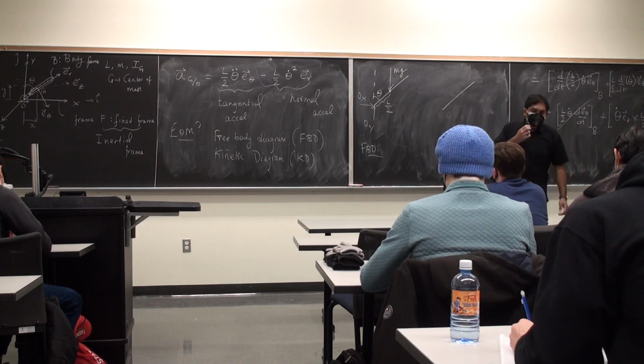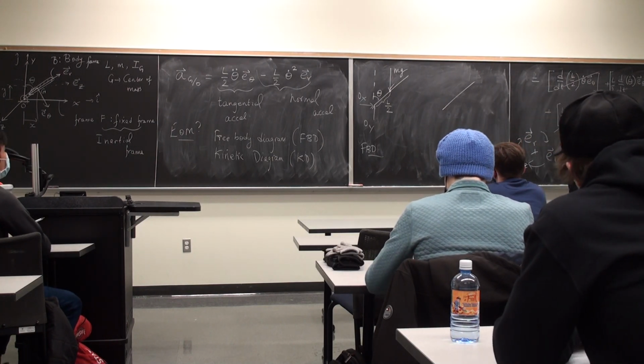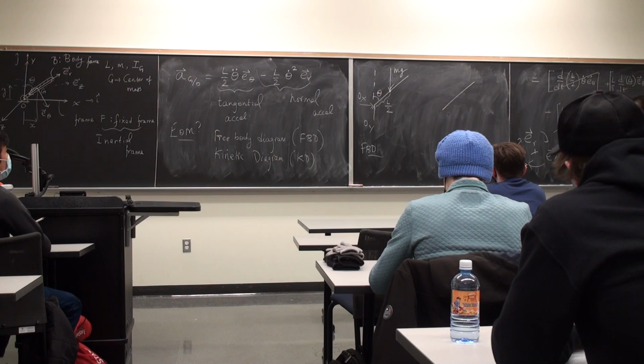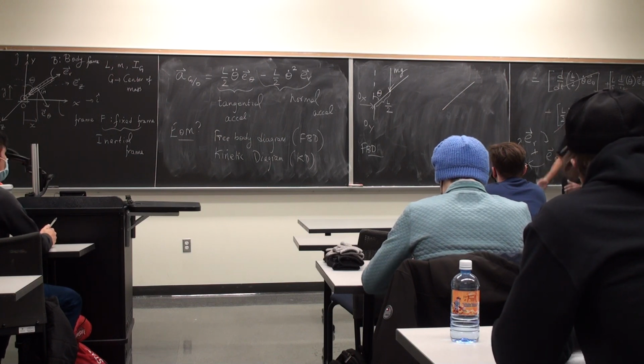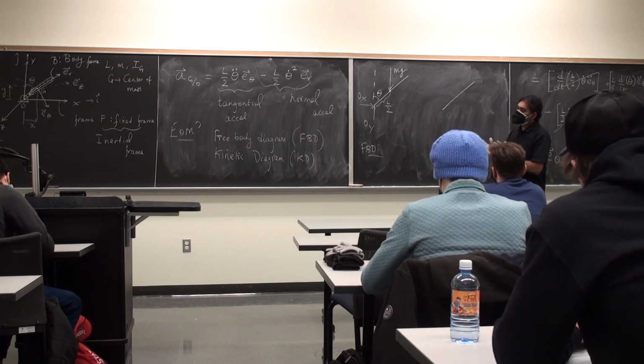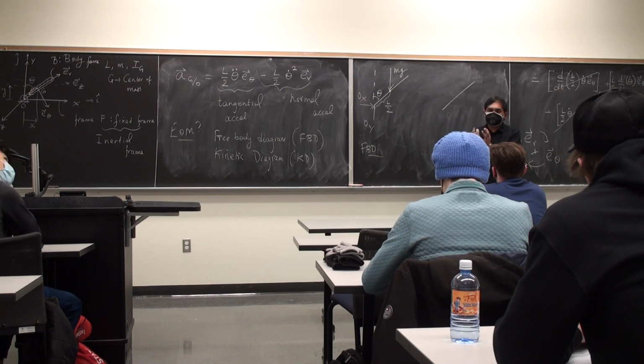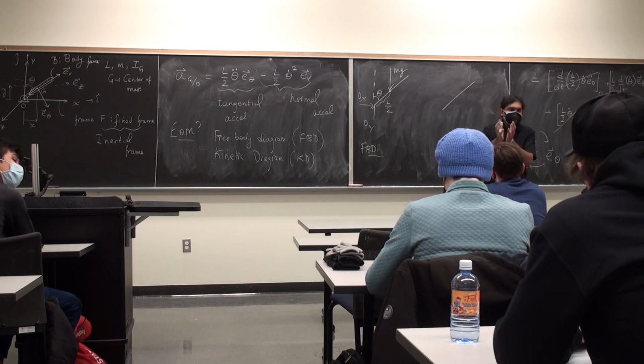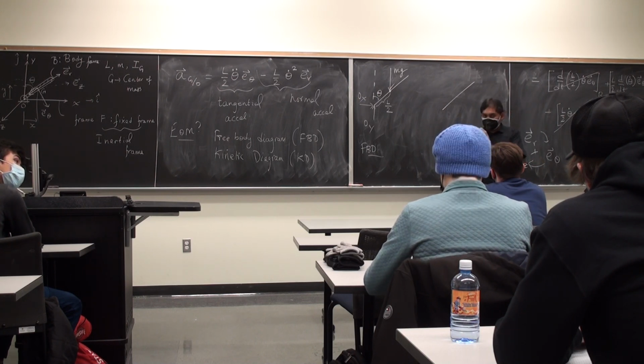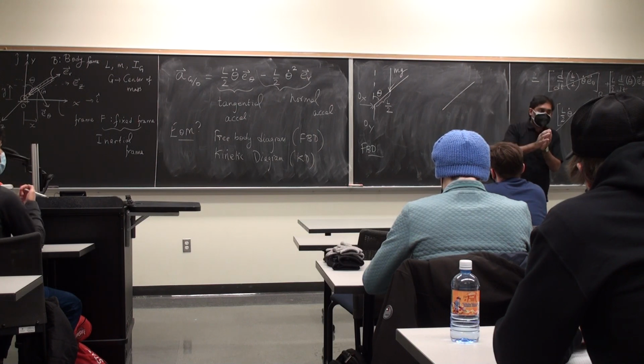So what's the idea of a kinetic diagram is that you think of the rigid body as two things. Okay? In the first instance, this is how Newton looked at it. In the first instance, you say that, okay, I'm going to take this entire rigid body and treat it as this giant particle that is sitting at the center of mass of the body. And on that, you mark out the mass times the acceleration.